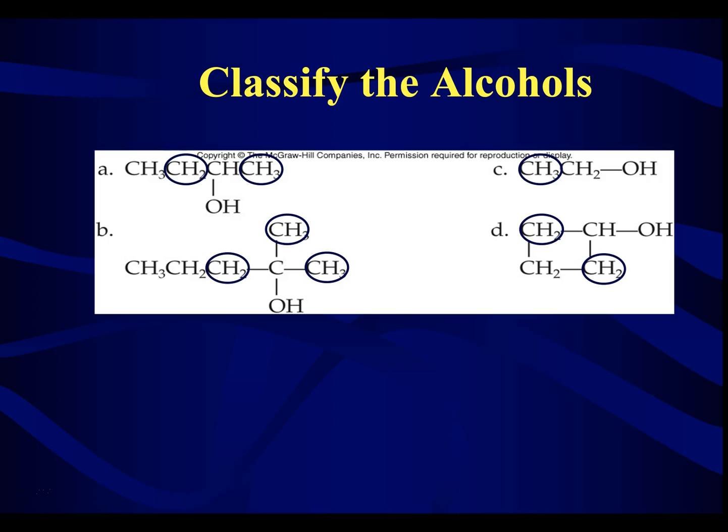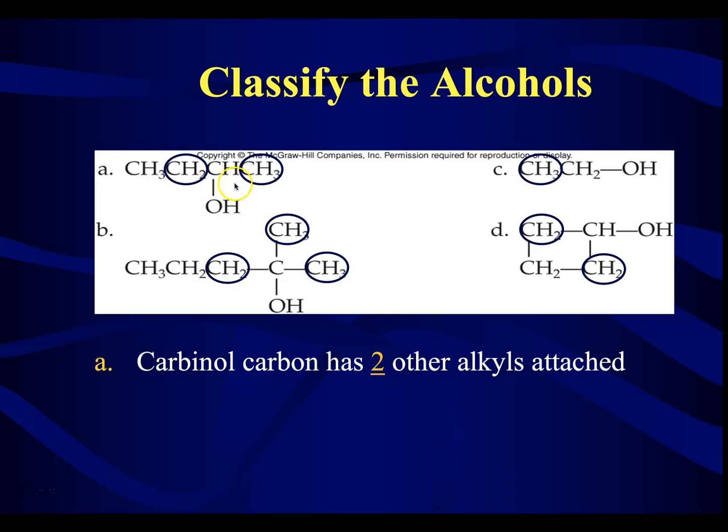Alright, let's look at an example. Take a couple minutes, see if you can determine what degree each of these alcohols is. Is it first, second, or third degree alcohol? So if I look at A, the carbonyl carbon in the center here has 2 other carbons attached to it. So that makes it a second degree alcohol.